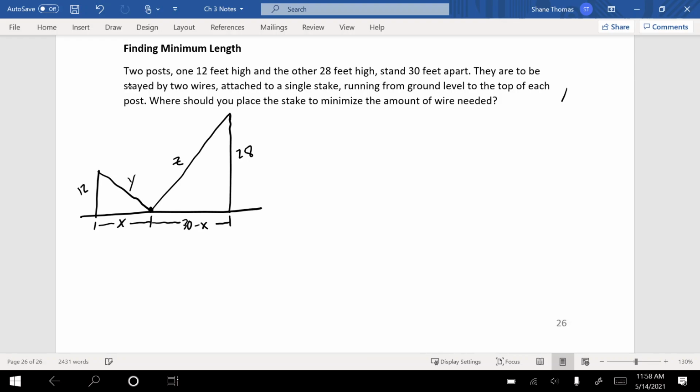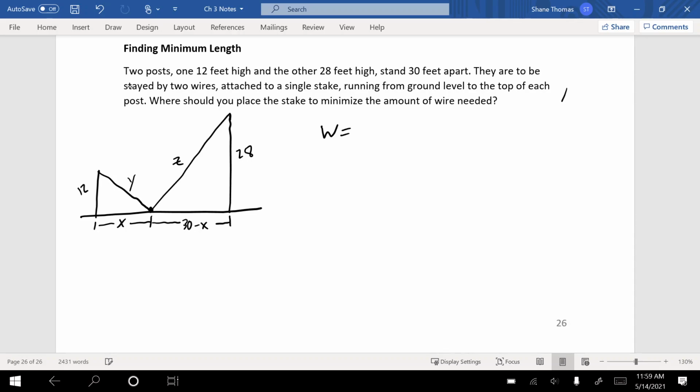Now, you guys all right with what I just drew up there and how I drew it? No issues there? The variables, just pick some random variables to use for the missing sides. All right, so one thing we do know, we'll say W is the amount of wire. So the amount of wire used is Y and Z, correct?